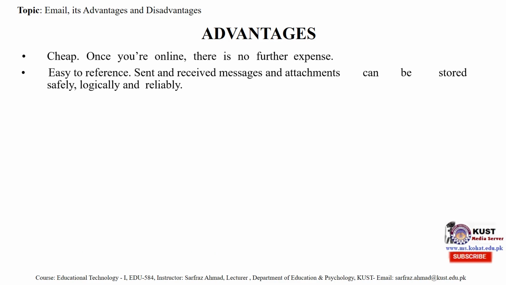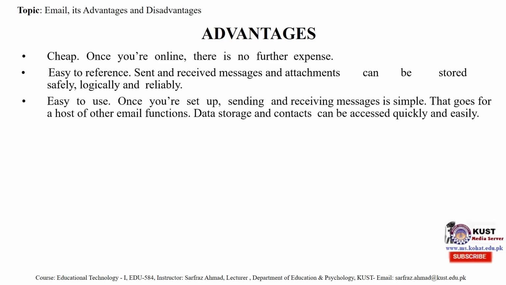Then it is easy to reference. Like I can quote that I have sent this email at this time to you on this date, with this topic or this subject. So sent and received messages and attachments can be stored safely, logically, and reliably. It is easy to use.